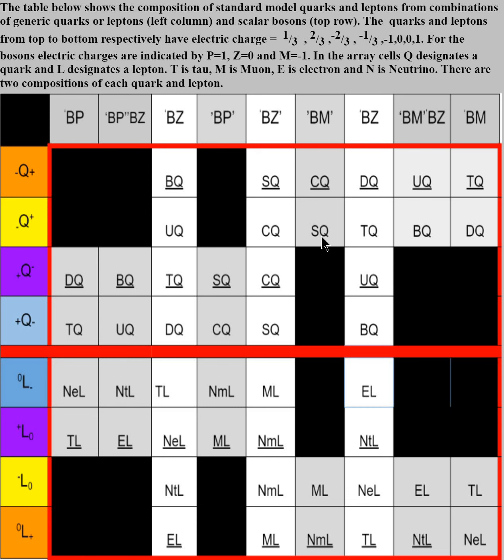And for the S quark now, we have minus 1 scalar boson composing with the plus 2/3 generic quark, and therefore leaving a minus 1/3 electric charge for the S quark.